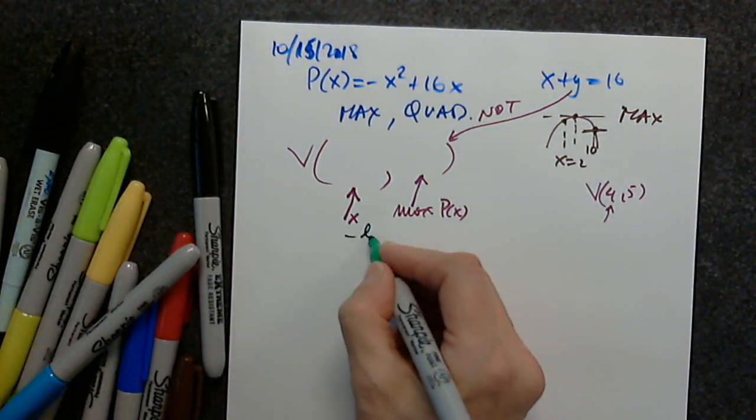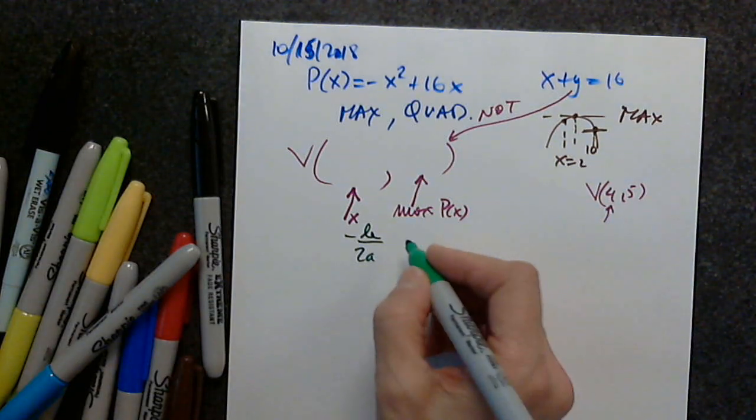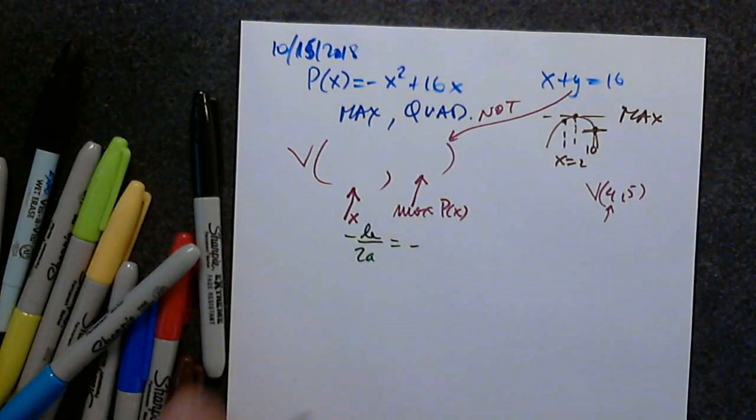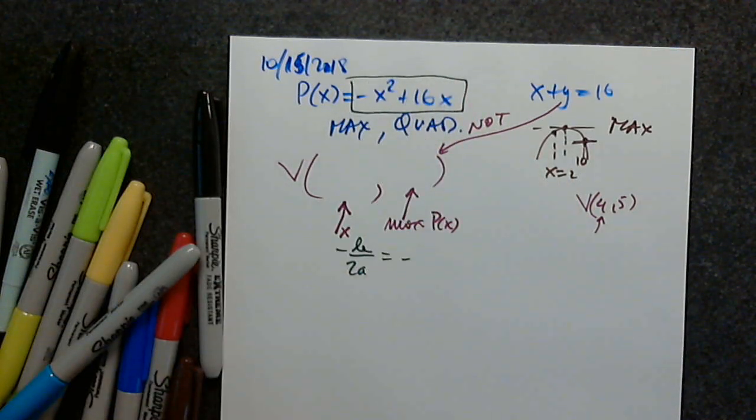Everything that is not in the square root will always give us the x-coordinate of the vertex. Thank you, Ryan. Okay, so then minus is in front. Now, be careful. This always has to be in descending order, because if it's not in descending order, you may make a mistake in identifying A, B, and C. So always keep polynomials in descending order.